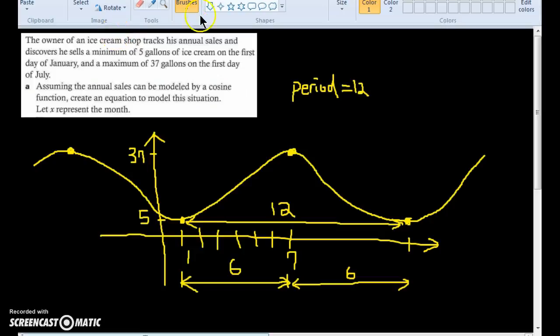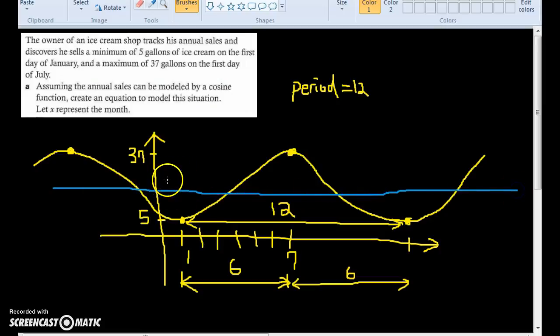I'm gonna go back to Desmos, because now with this I can figure out my equation. To find my principal axis, let me change the color. Maybe I should just do everything here. My principal axis is going to be somewhere there, and this value is going to be 37 plus 5 divided by 2.